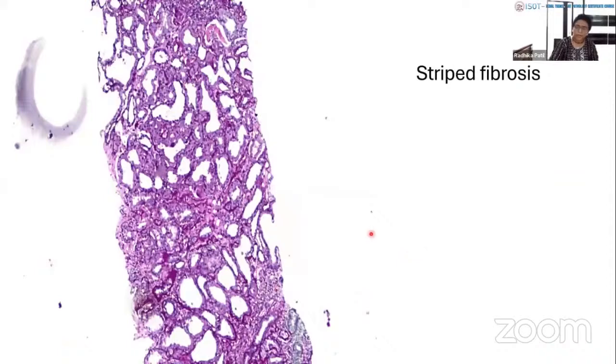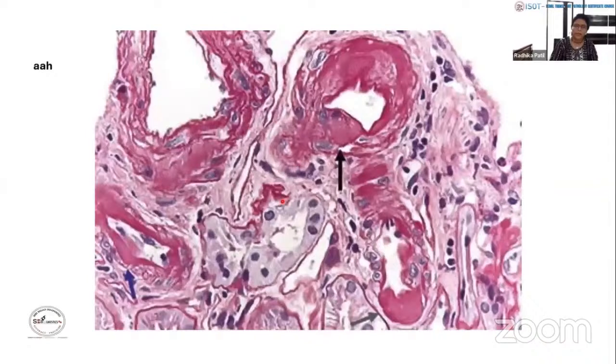So alternate bands of interstitial fibrosis are characteristic for CNI toxicity, mostly seen in late CNI toxicity. This is arteriolar hyalinosis and it is nodular or pearl-like appearing, which is characteristic for CNI toxicity. In cases of diabetes and hypertensive hyalinosis, it is intimal hyalinosis.